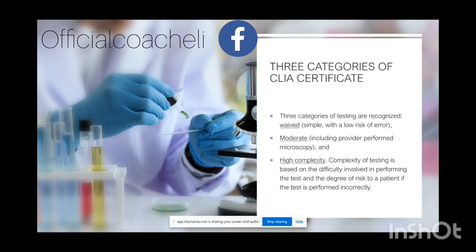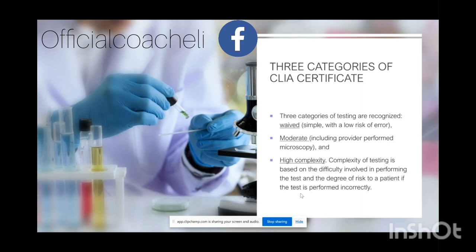And of course, the high complexity labs are the ones like Quest, the big ones like LabCorp. They are actually the ones that are difficult, and that's because they deal with a huge amount of risk. When we draw blood, we take the blood and we send it to this high complexity lab for processing, for diagnosing.